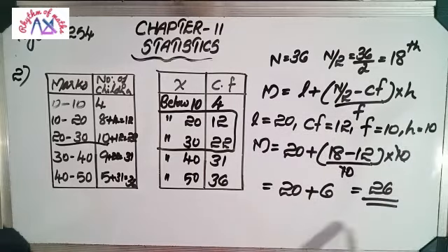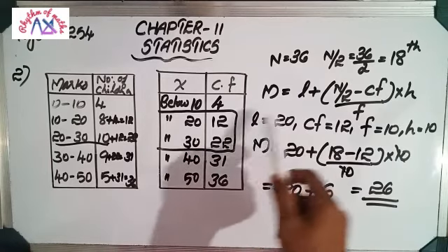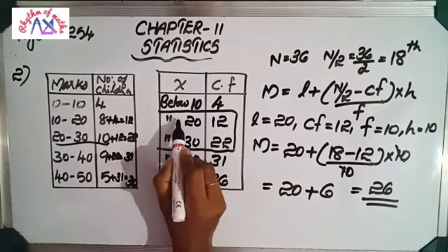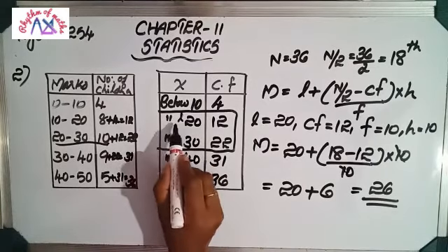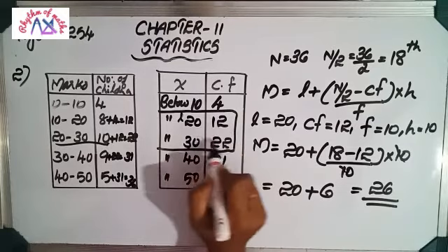If you are confused with these two values, you can write from here itself. After getting a box like this, you can write L here itself. L here is 20, then the difference of these two.